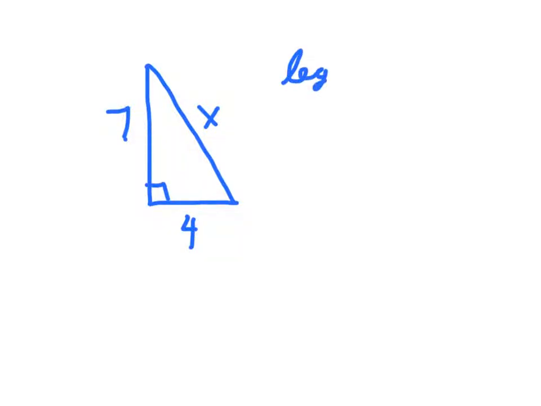Now there are two situations that come up when you're solving these problems. Sometimes when you're given a right triangle, you're given both legs. So if I give you 4 and 7 and ask you to find the third side, I know both legs. So remember, the Pythagorean relationship says if I take the legs squared plus the legs squared, I get the hypotenuse squared.